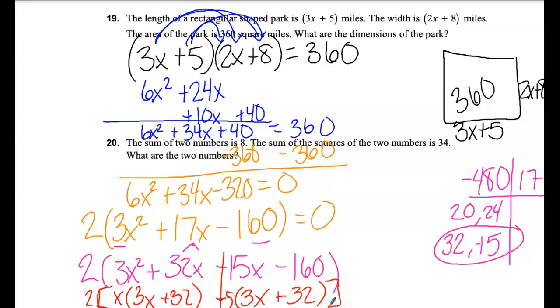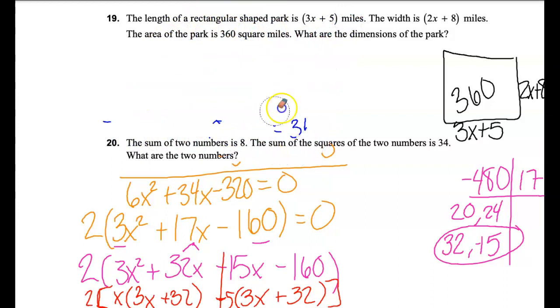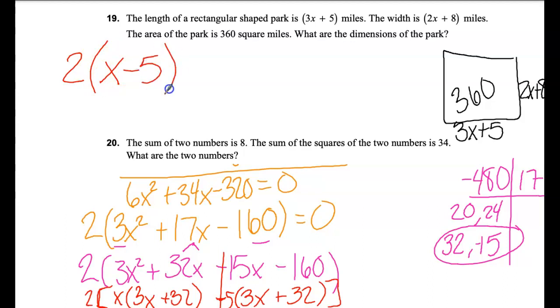Okay, so now I'm going to go back up here and erase this part so that I have room. I told you it was going to take perseverance. That makes sense. Okay, so now we have 2 parentheses: x minus 5 and 3x plus 32.